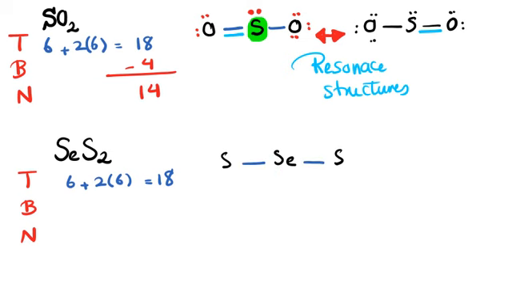We are going to count number of bonding electrons, 4. So we do have 14. I'm going to add 6 electrons again and 2 electrons on the top. Look at the central atom. It has only 6 valence electrons.